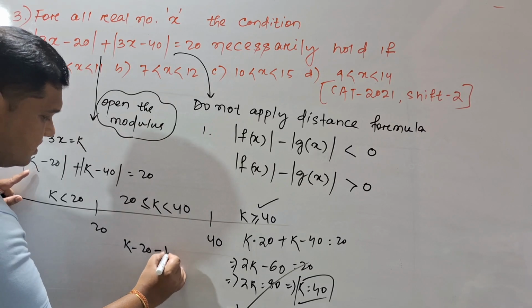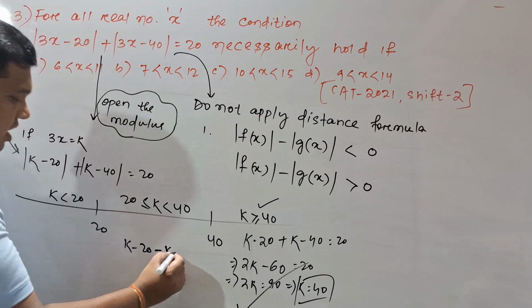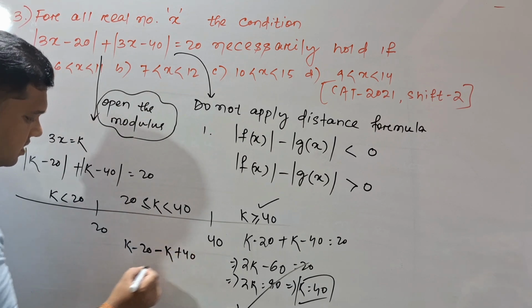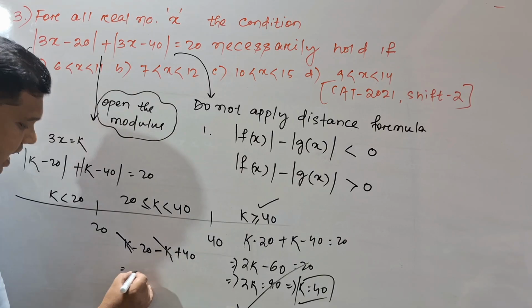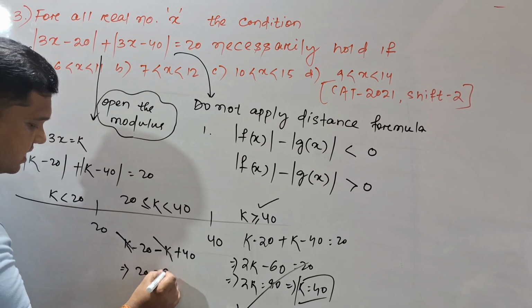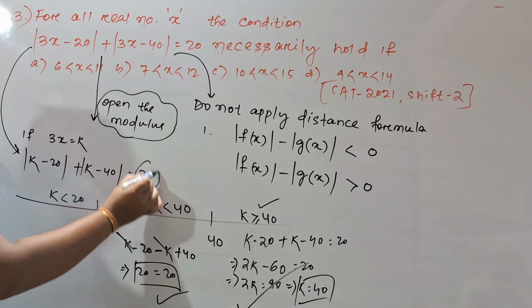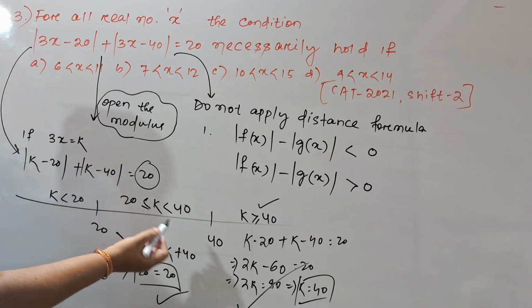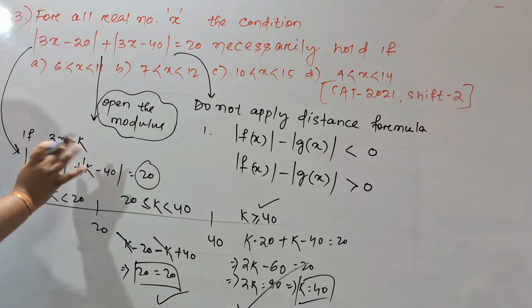So this is minus k, and if I write minus, this becomes plus 40. Then I will check: this is plus k, minus k gets cancelled, I will get 20. And the right hand side is also 20, satisfied. 20 is equal to 20. This region is also satisfied.